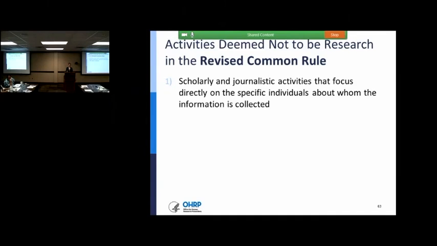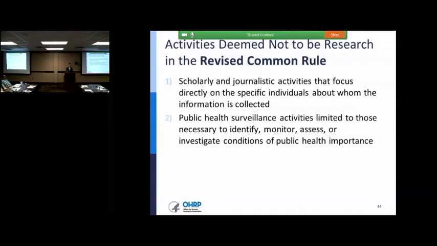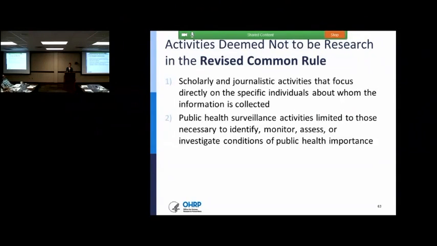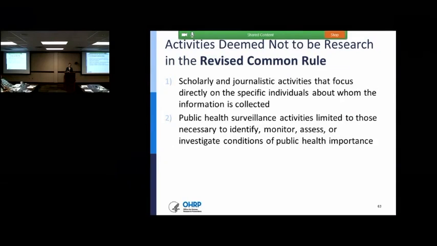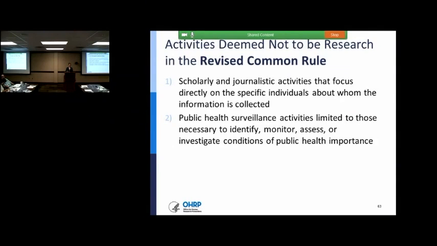So back to the research carve-outs. The second one in the revised common rule pertains to public health surveillance activities. It is pretty specific that these activities are limited to only those necessary to identify, monitor, assess, or investigate conditions of public health importance.